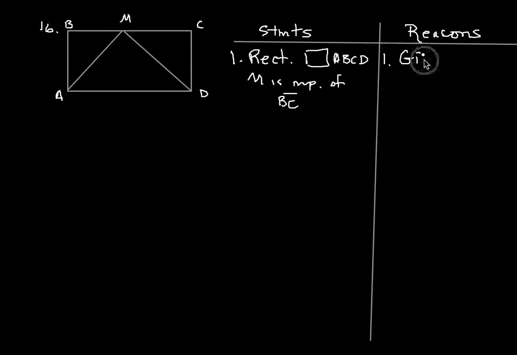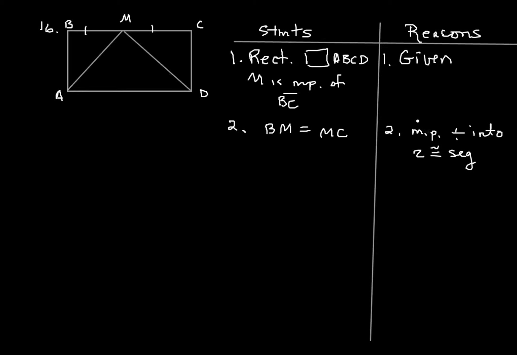Okay, that's given. So M is the midpoint, so let's just write what we know here. If M is the midpoint of BC, mine's not perfectly straight, we can say that BM is congruent to MC. I didn't even write down what you're supposed to prove yet. The midpoint divides into two equal or congruent segments.